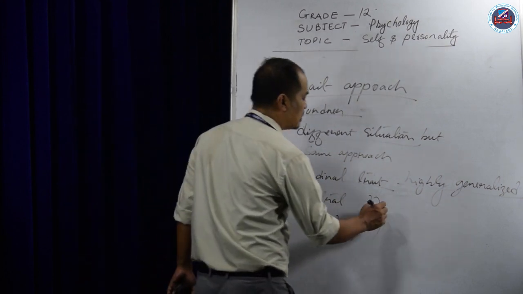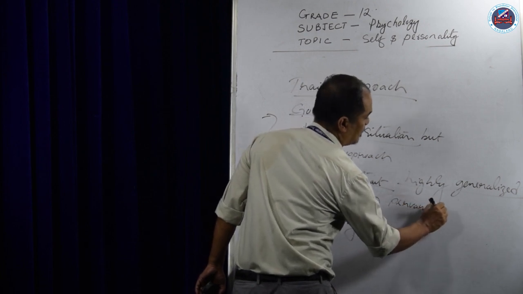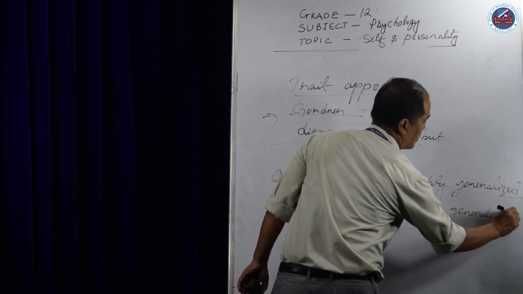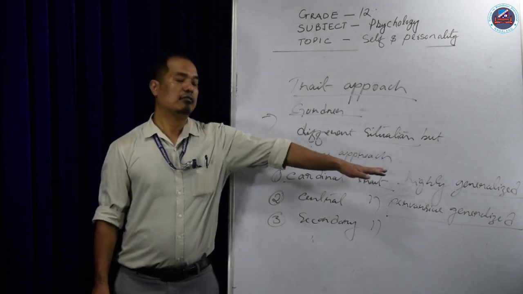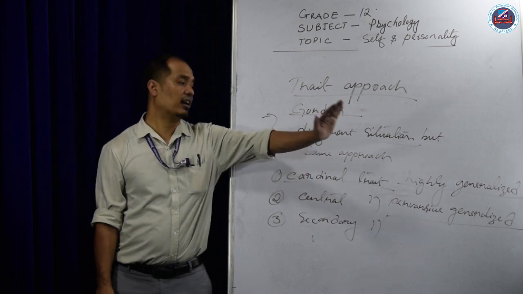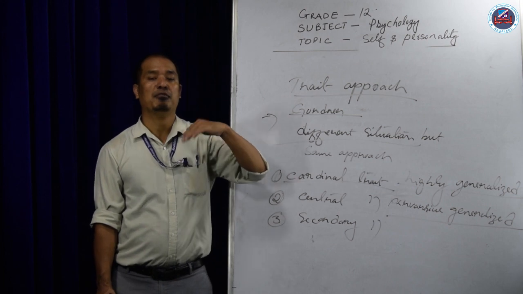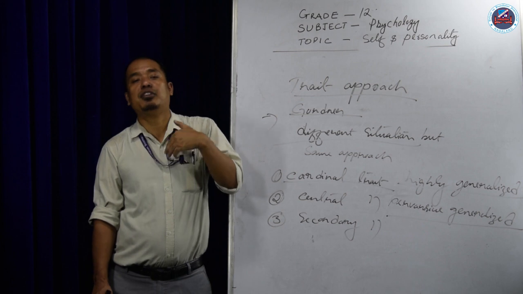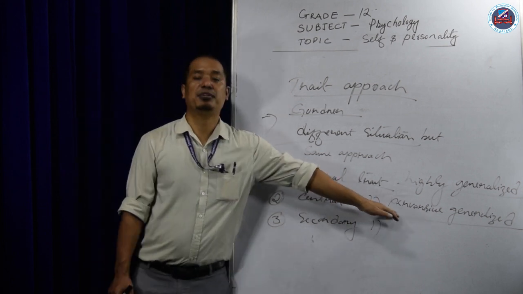Now coming to the next one, the central trait. Central trait means pervasive, generalized. For example, followers of Gandhiji. They may not be exactly like Gandhiji, but they believe in Gandhiji, so they try to follow in the footsteps of Mahatma Gandhi and make it the principle of their life. Those types of people fall under the central trait.